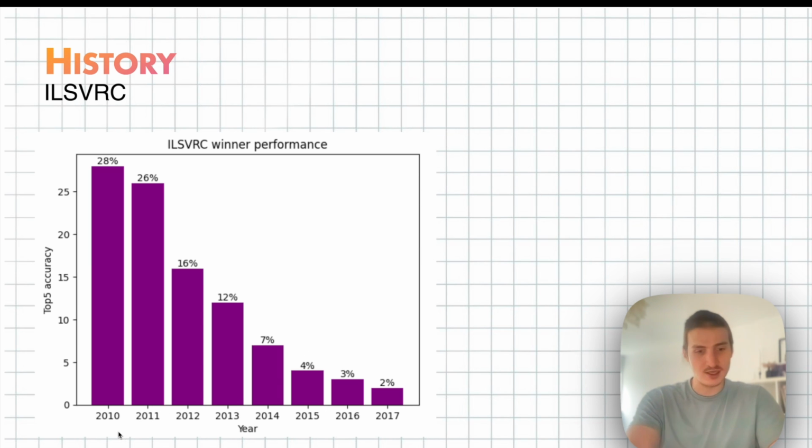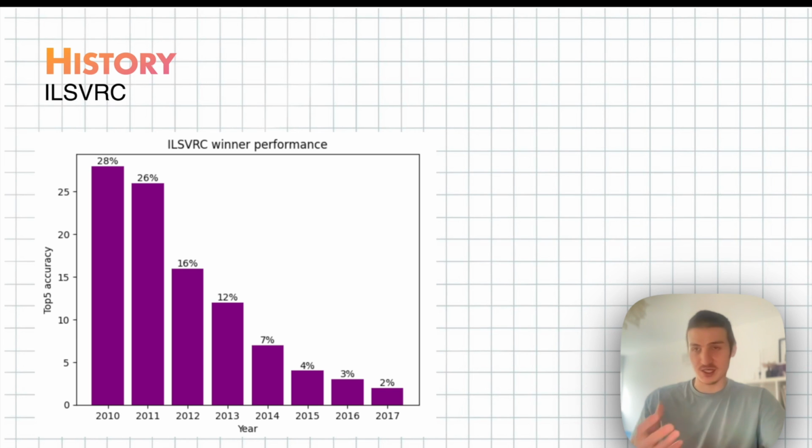The challenge started in 2010, and the numbers here correspond to top 5 accuracy. The organizers of the challenge decided to go for top 5 because of some problems with the data. Sometimes there will be different objects in the image, sometimes a more complex task, like classifying that this particular scene is from a restaurant.